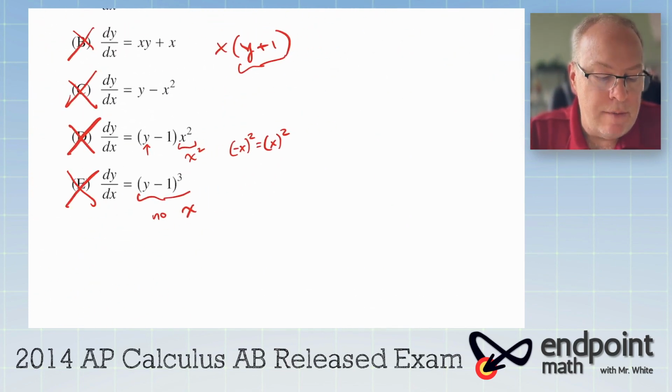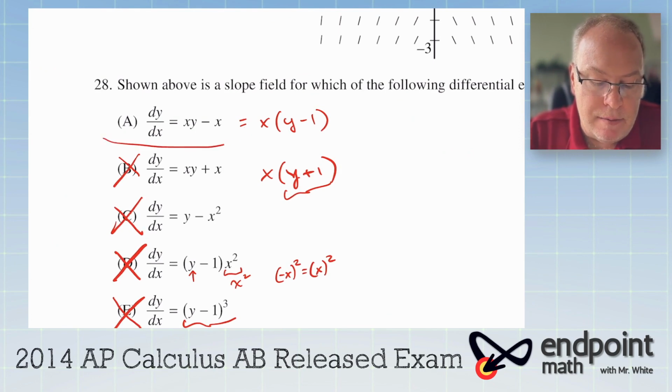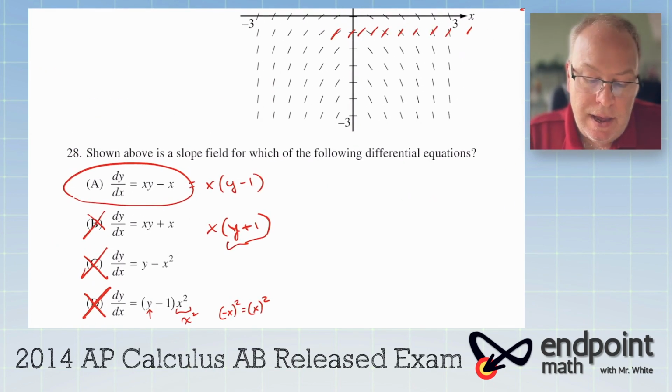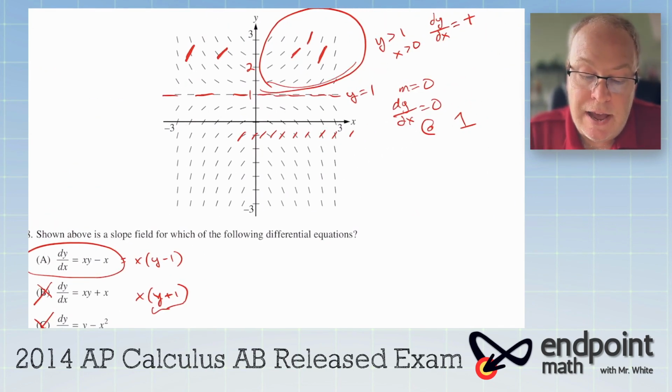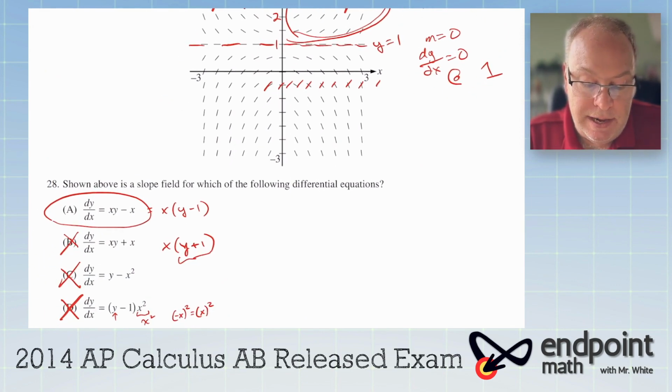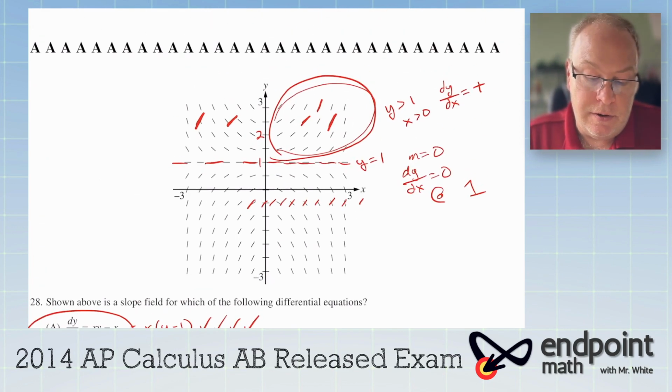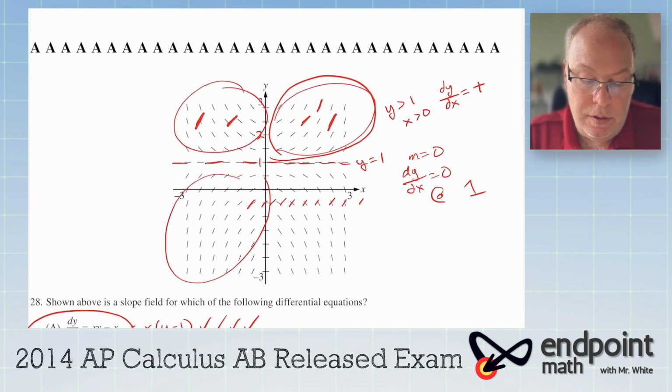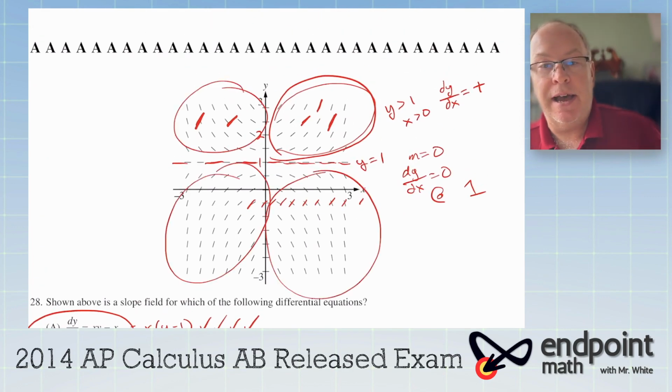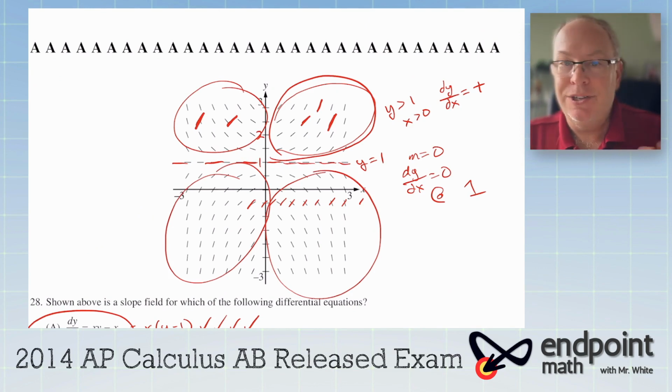All right, so I've ruled them all out, and I've got my answer as being A. You can start to do this analysis and see how this one continues to work in all four quadrants of this graph, four regions of the graph, and you can check just for the signs of the different slopes, and it'll work.